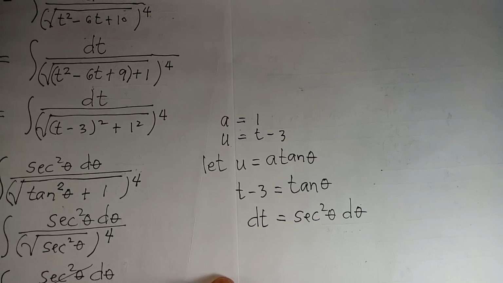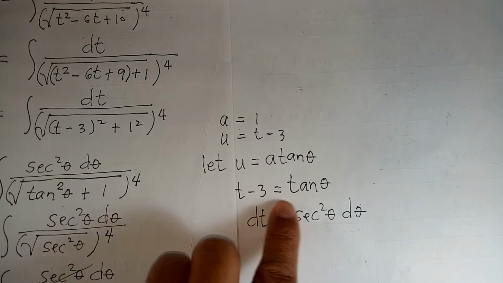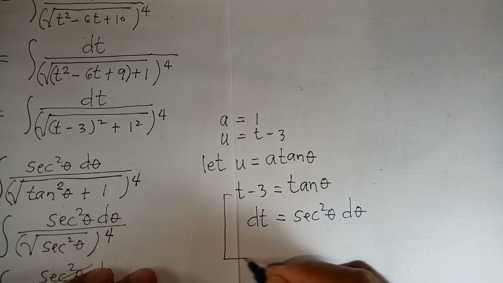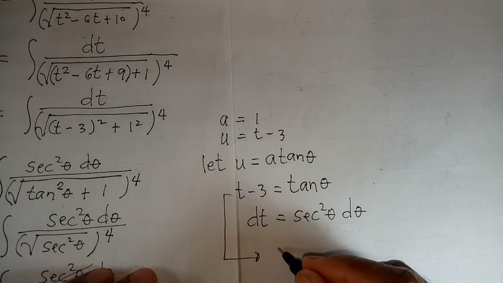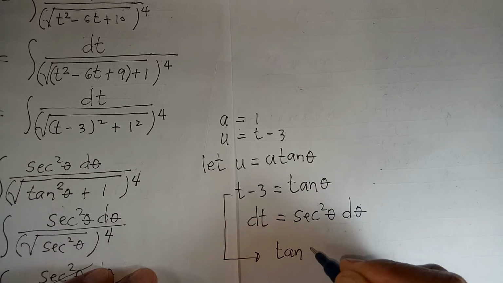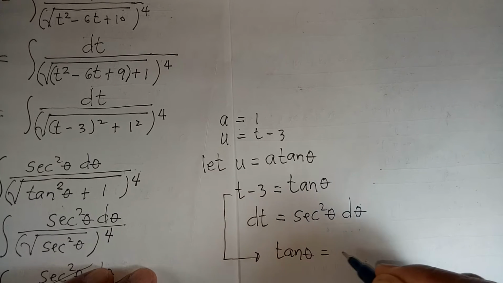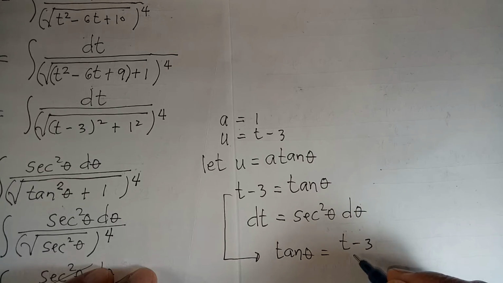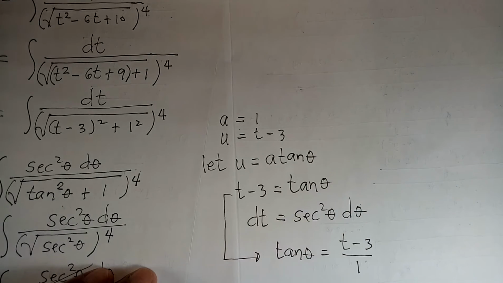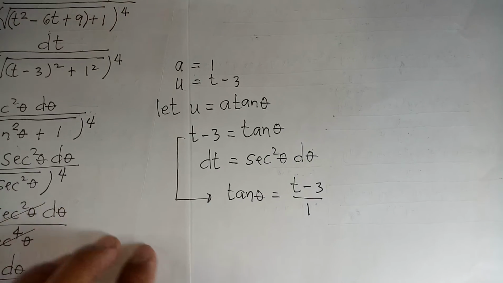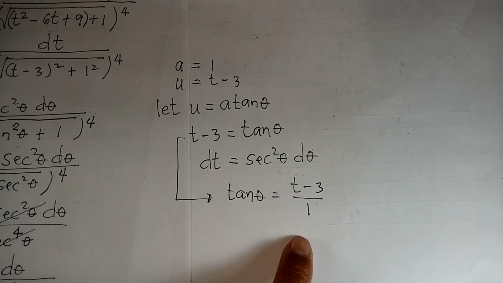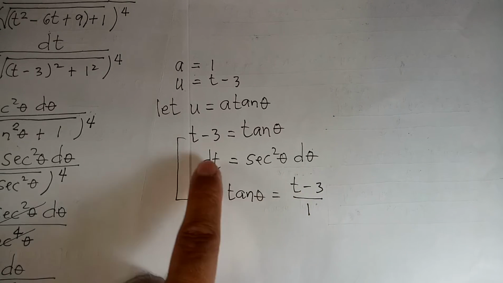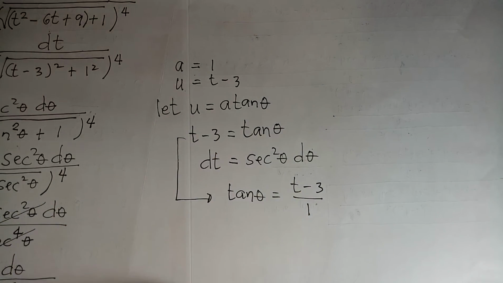Okay? So, from t minus 3 equals tangent theta, tangent theta equals t minus 3 divided by 1. So, tangent theta also equal to t minus 3 divided by 1, which is also equal to t minus 3.